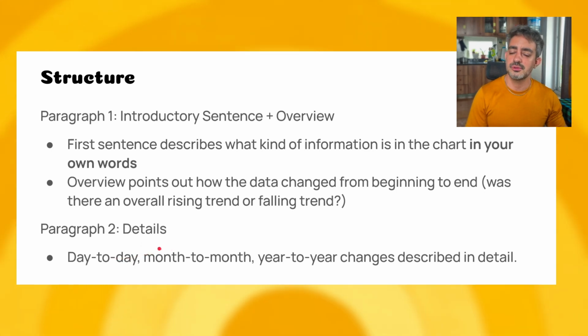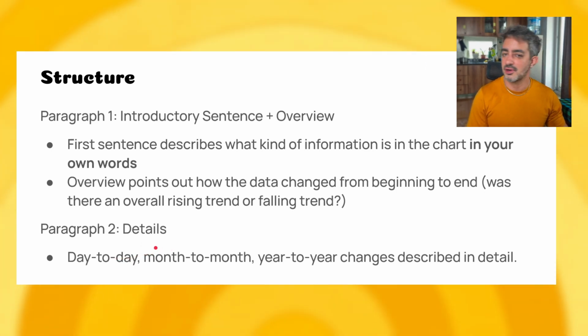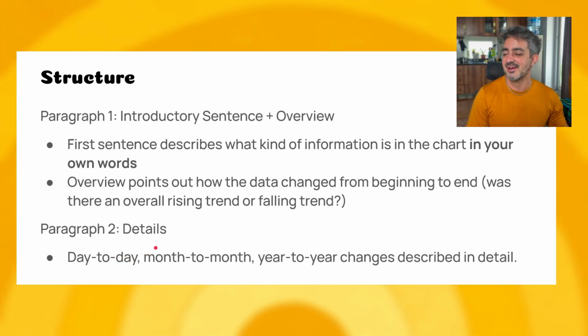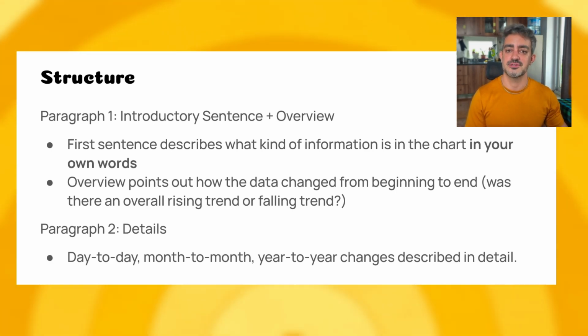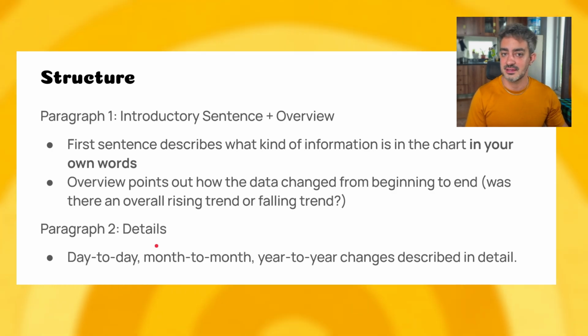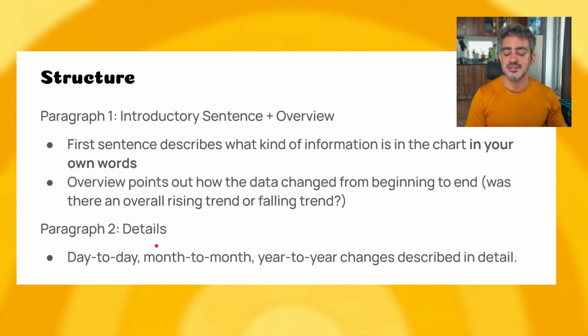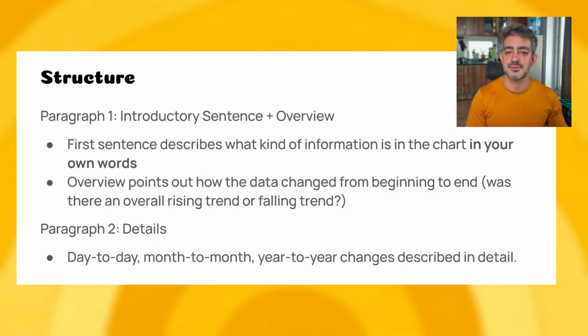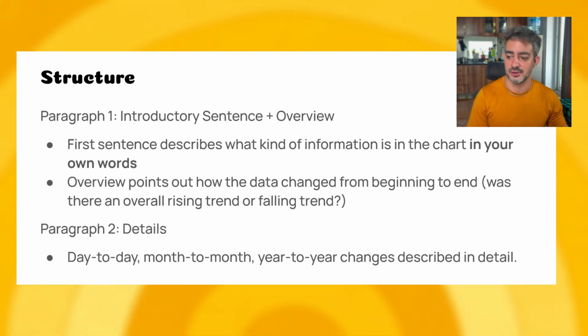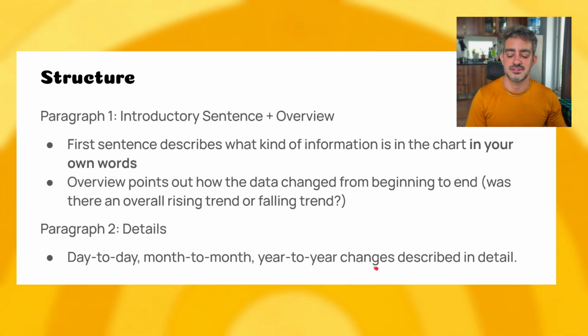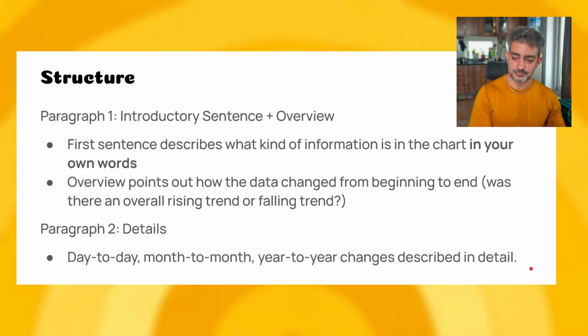In paragraph 2, we're not going to be creative at all, okay? Our only creativity is our word choice, making sure that we use a variety of verbs, a variety of nouns. But otherwise, we are reporting exactly what we see from year to year or from month to month, from day to day. So describing these changes in detail.